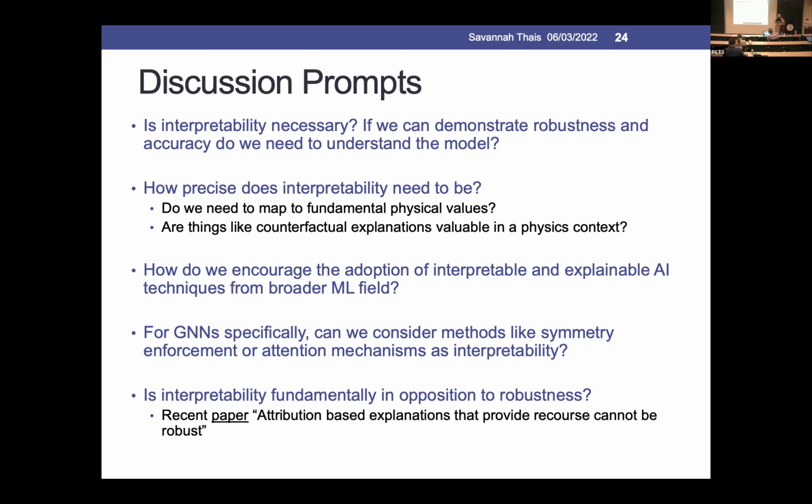Yeah, but as far as I know, no one has looked at symbolic regression for tracking.